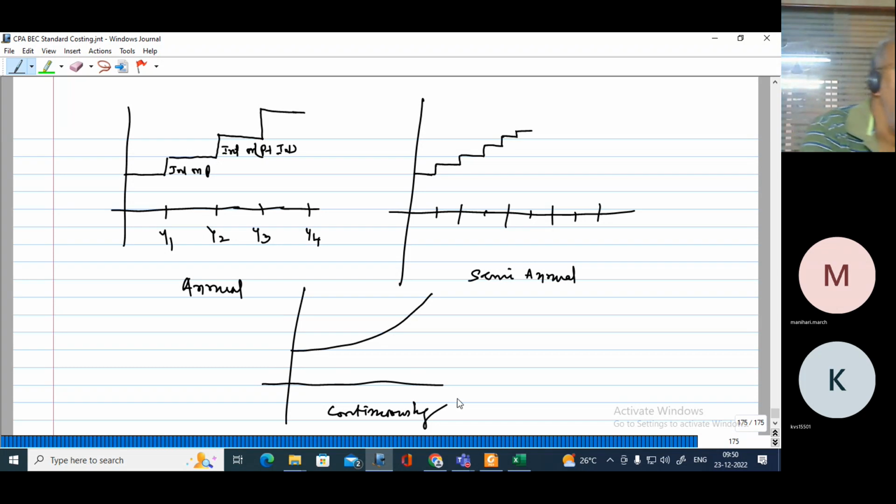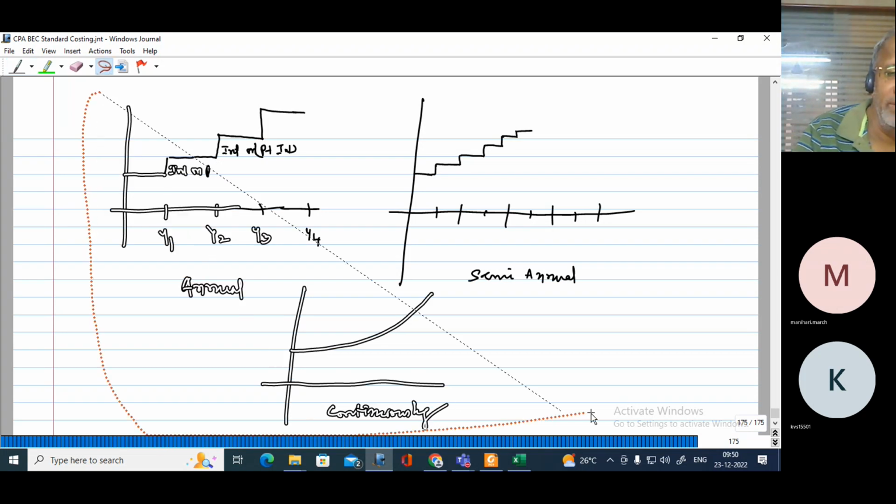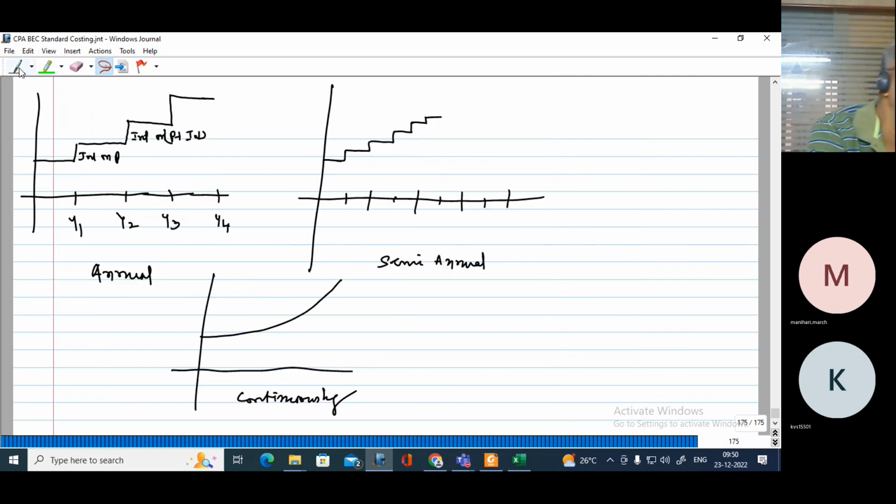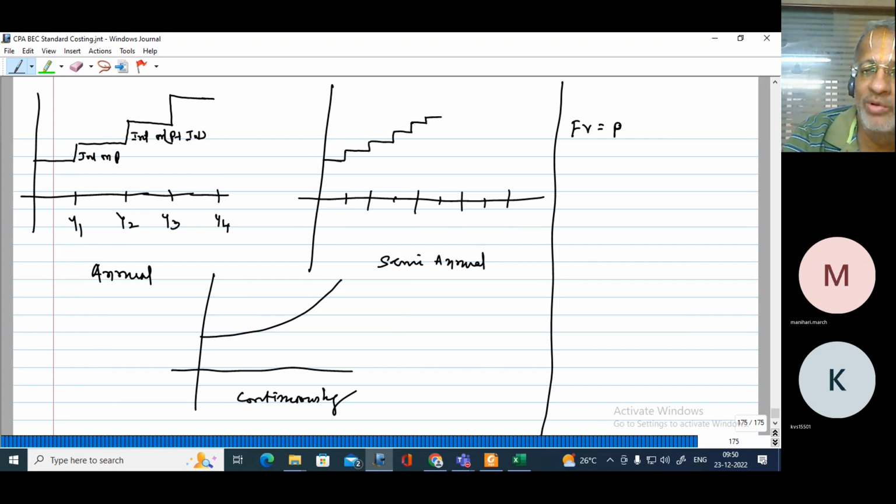Now, all those diagrams are very fine. How do we do that for problem solving? Future value under continuous compounding is present value into e raised to r into t.